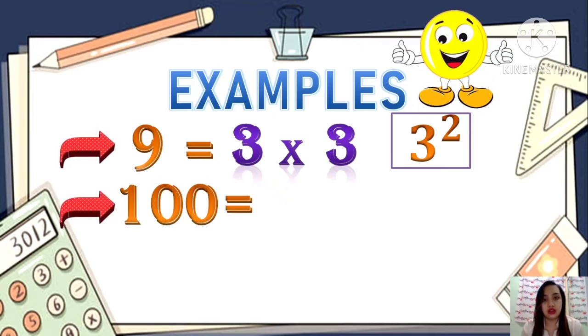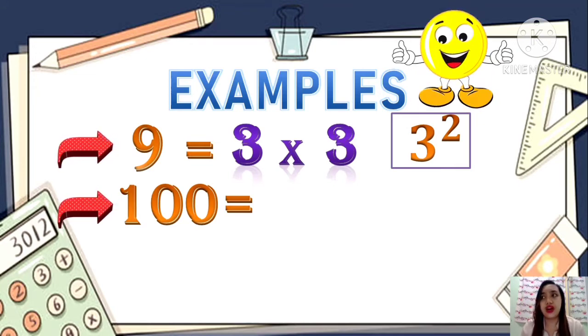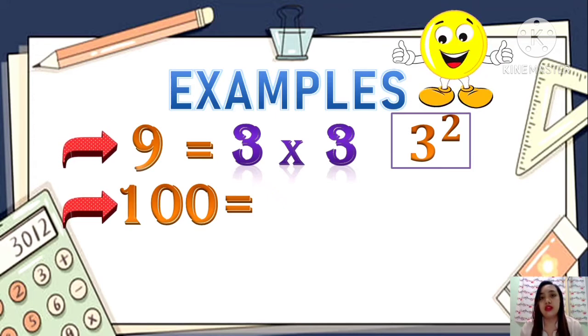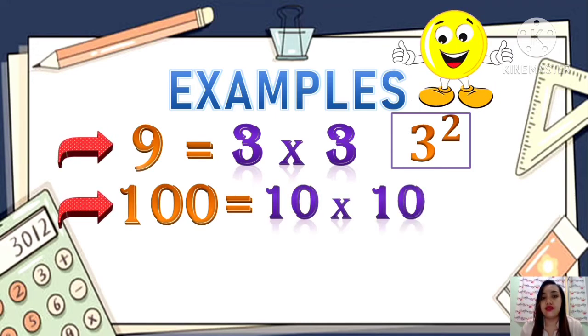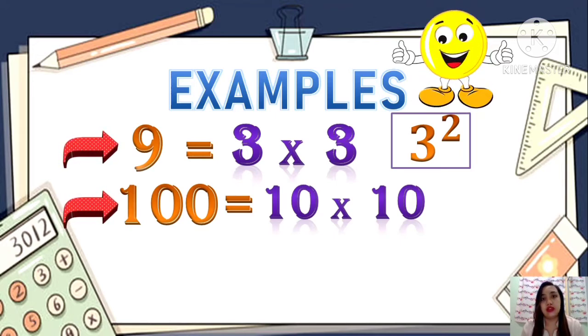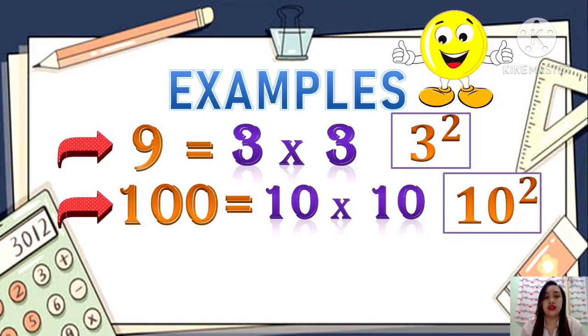Another, 100. Is 100 a perfect square number? Let's think. Isip tayo ng isang factor na kapag minultiply niya sa sarili niya, you will get 100. And what is it? 10. Very good. So 10 times 10 is equal to 100, or it can be written as 10 squared.